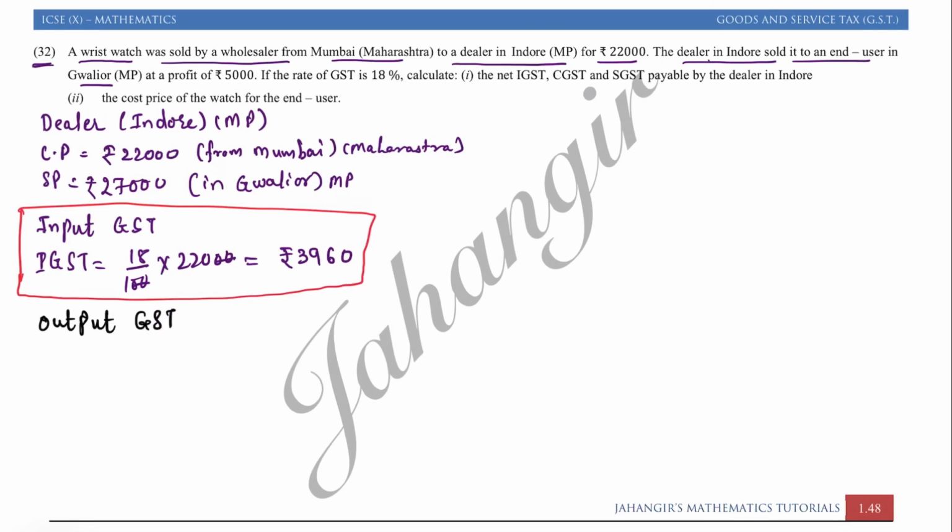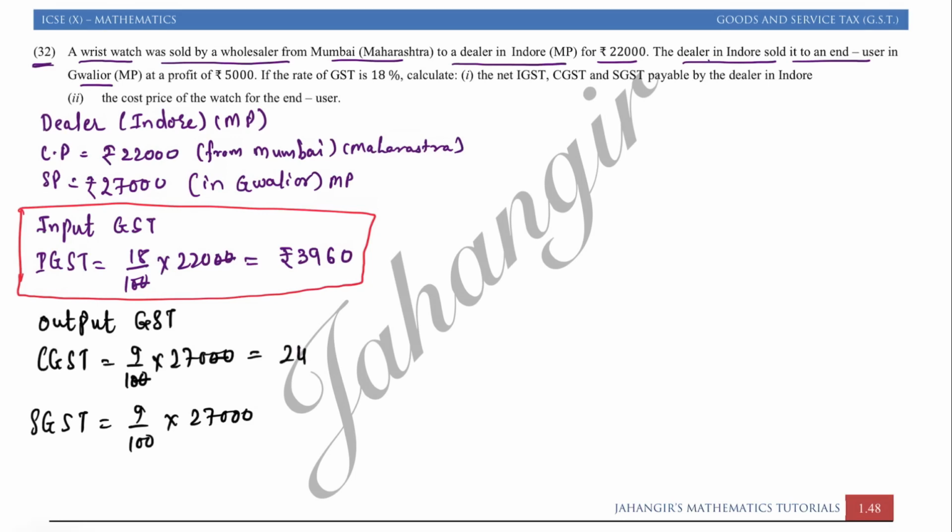It will be collected in the form of CGST, that is 9% of 27,000, and SGST is again 9% of 27,000. So 27 into 9, 270 plus 27 comes to 2430 rupees. This is the output.